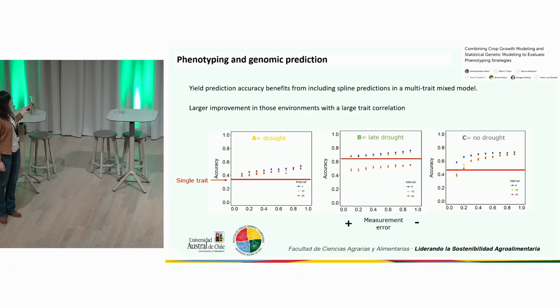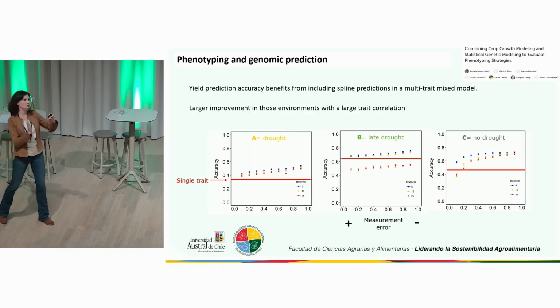And indeed, if you have very few time points, as represented with the blue or the yellow, this is the interval between days. So a big interval means few measurements.